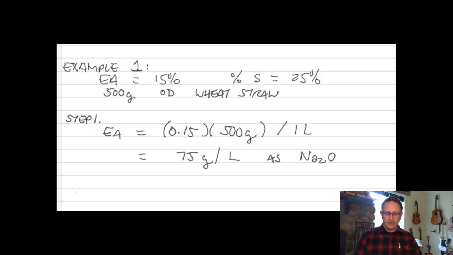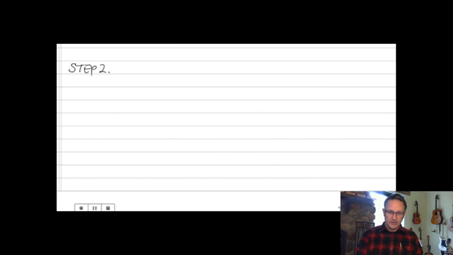So that's step 1. Step 2 is we're going to determine the target concentration of sodium sulfide in solution. So we're going to rearrange equation 2 that we just prepared and get Na2S on one side of the equation, and then we'll solve for Na2S. So step 2.